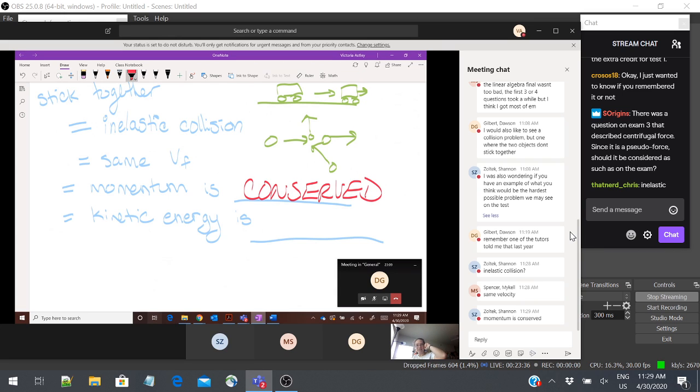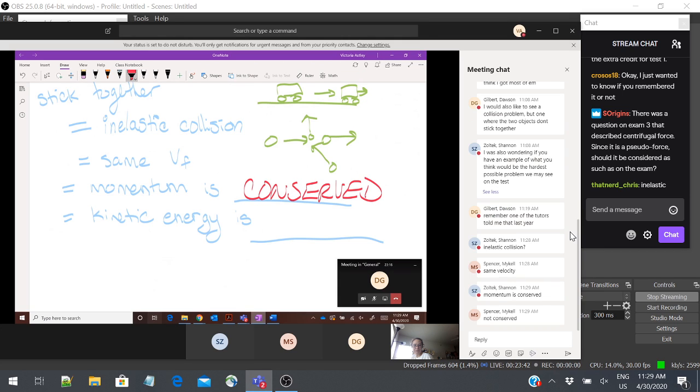What about kinetic energy? Not conserved. In fact, it's going to lose the maximum amount, which you're not usually going to use this fact, but it's kind of good to know.